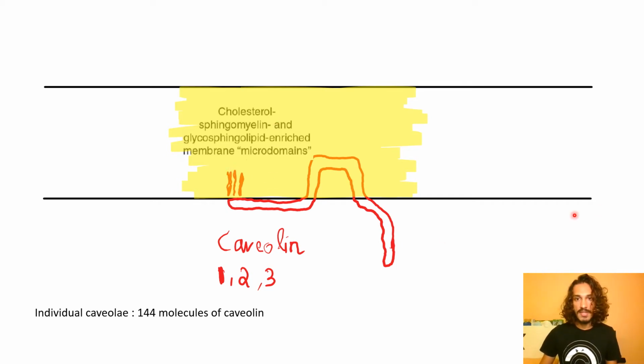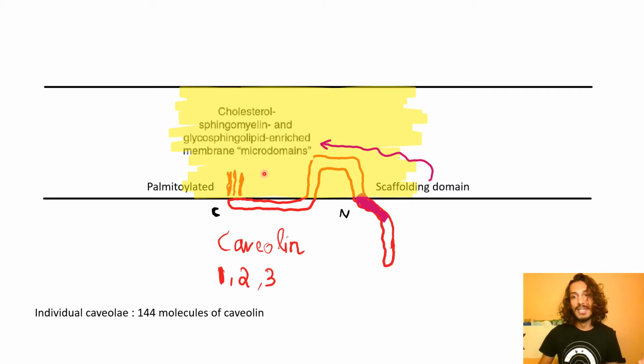That is palmitoylated, so that is your C terminal. The carboxy terminal has been palmitoylated, and at one point in the N terminal, there is a scaffolding domain. That scaffolding domain helps it attach itself to your cholesterol and sphingomyelin rich areas.